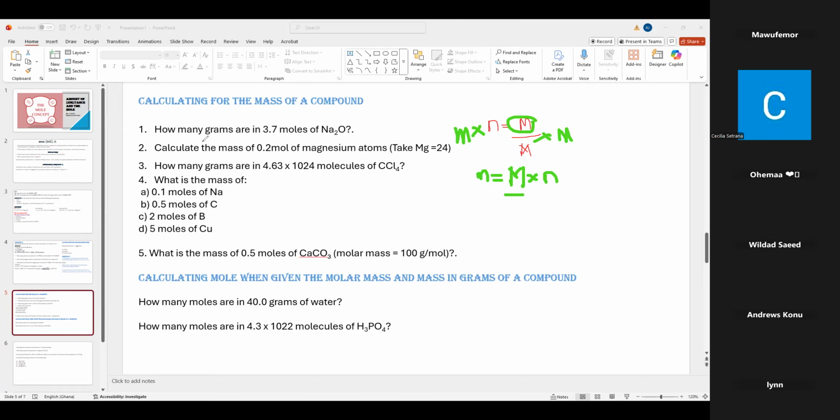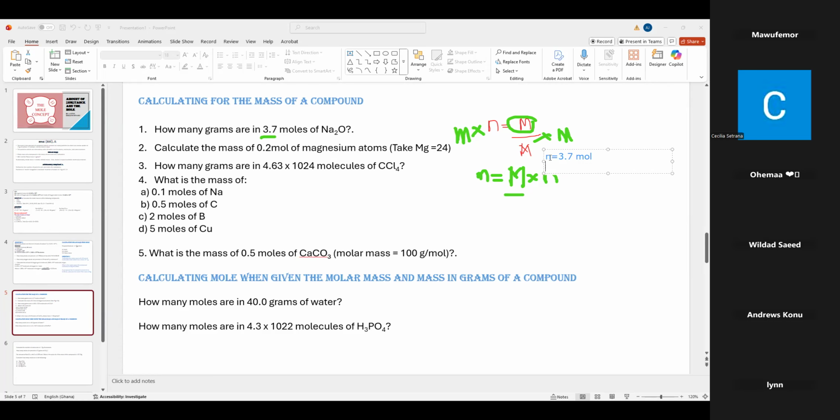If you look at this, you can see that they gave you the mole, which is 3.7. Small n was given to be 3.7. And then they didn't give us the molar mass, but they gave us the compound. So first of all, let's find the molar mass of sodium oxide.